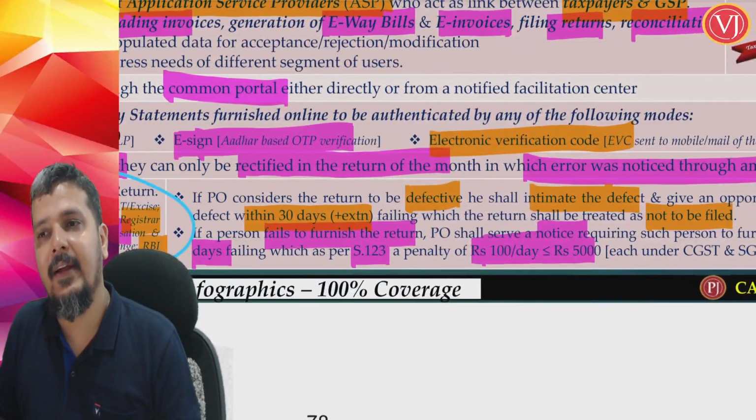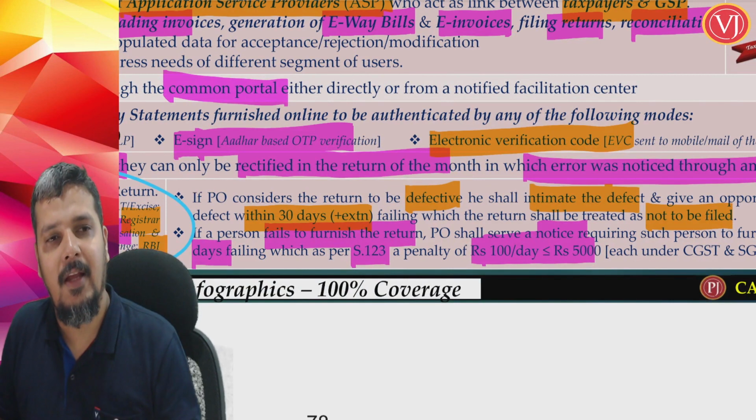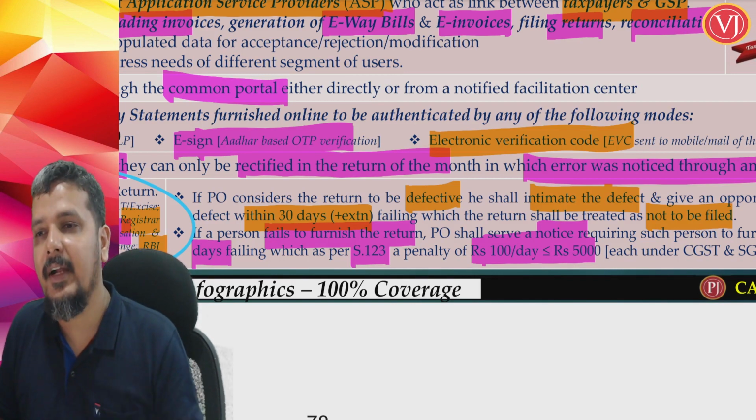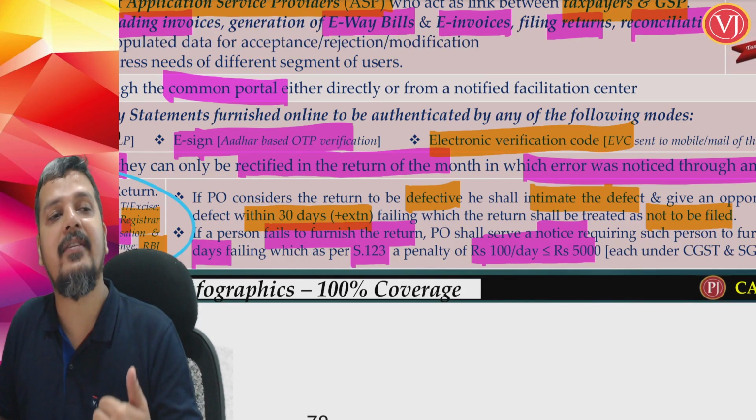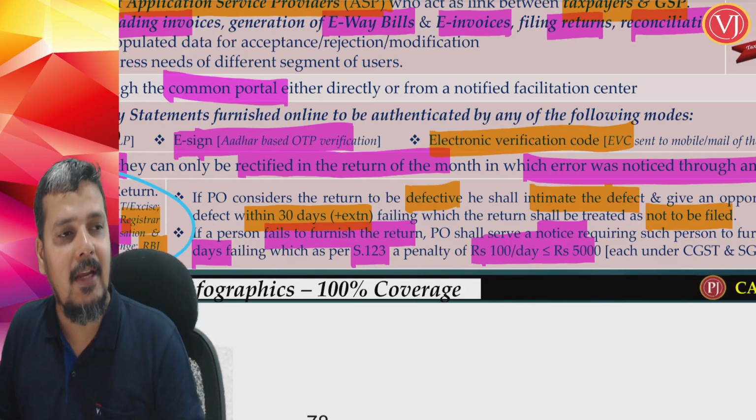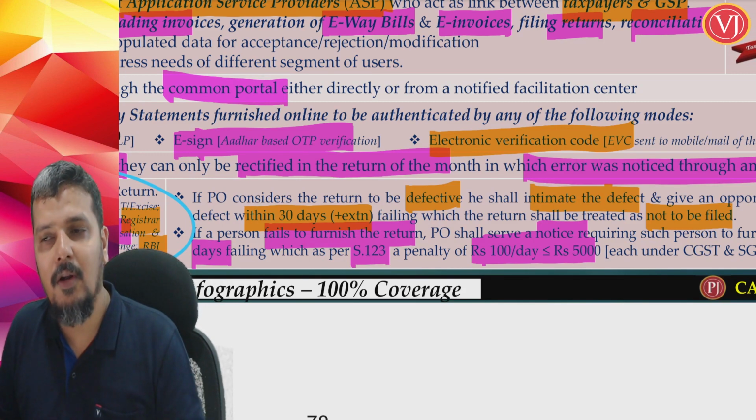If you are filing it on time, everything is right, no worries. If you are filing it but there is a defect, the defect will be intimated to you, to be rectified within 30 days plus extension. If done, nothing. If not done, it is treated as good as you have not at all filed the information return. If you don't file it, still you will get a notice. An officer will tell you to file within 90 days.